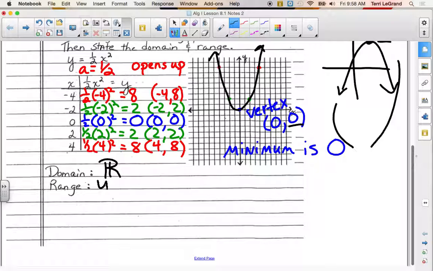Okay, so y, remember that's our range, y has to be greater than or equal to 0. There we go. y will not ever be negative in this one.